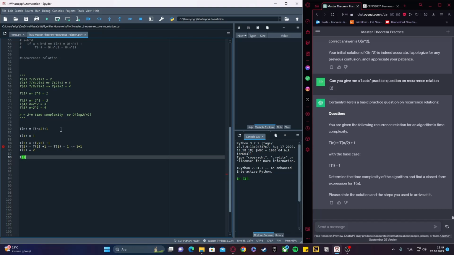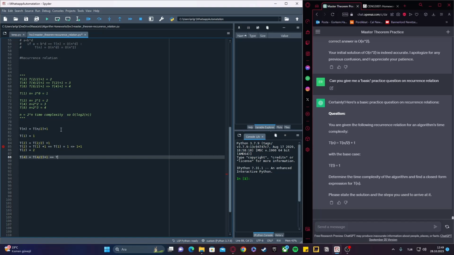I will not try to solve this question with T(3). I will go into T(4), and it will go T(4/2) + 1.